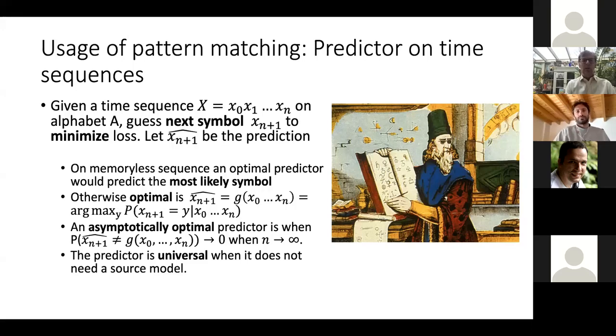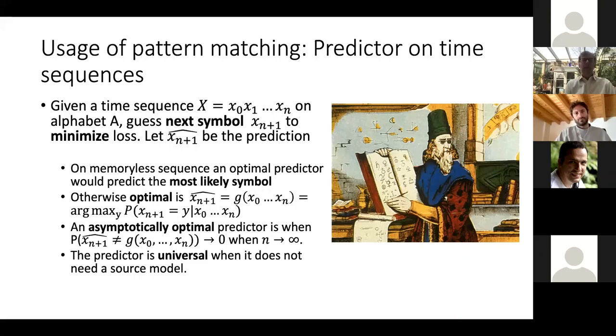If we consider a memoryless model, the optimal predictor will always predict the same symbol, the symbol which occurs the most, which has the largest probability. If you want to predict the weather in Greece, the most likely weather is nice weather. So the prediction will always be nice weather, even if it rains from time to time.